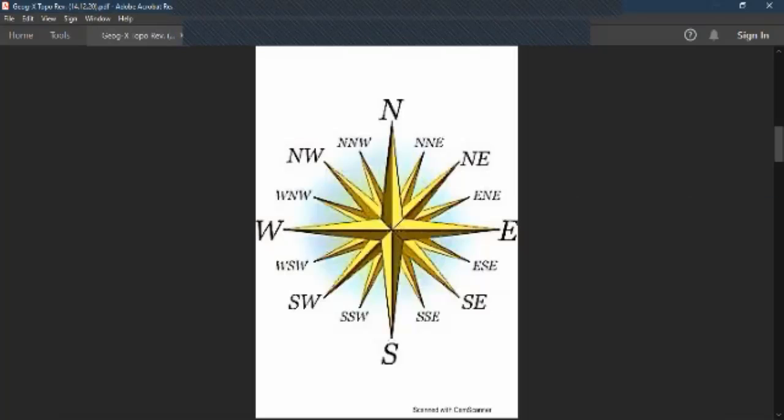To find the compass direction of two places, you should remember or memorize all the cardinal directions like east, west, north and south, and the intermediate directions. It may be northeast, northwest, southeast, southwest. Certain times we need intercardinal directions like north-northwest, north-northeast, etc.